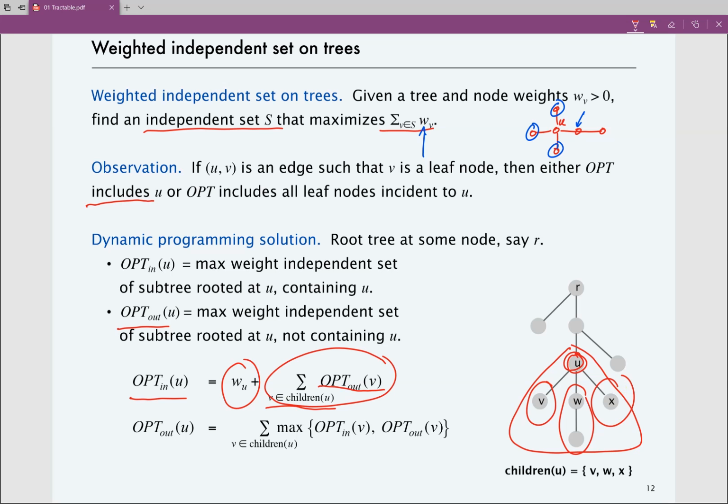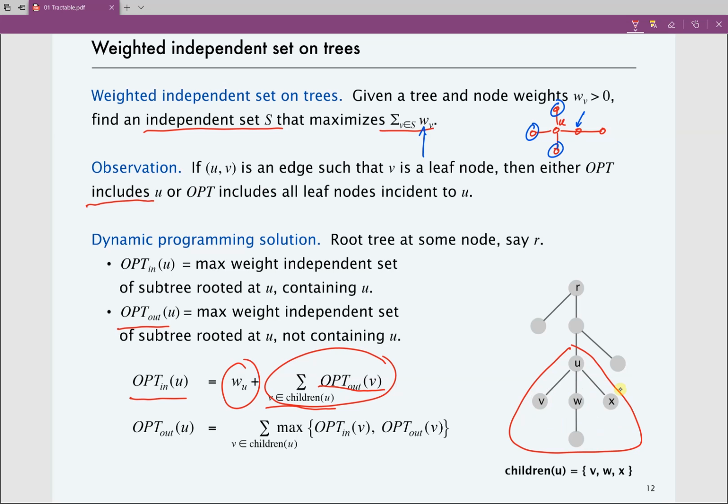Now, the next case is where I do not include U. So let's draw this over here. If I don't include U, then for each child of U, I have the option of including that child or not.